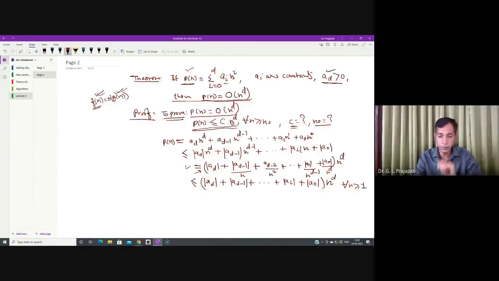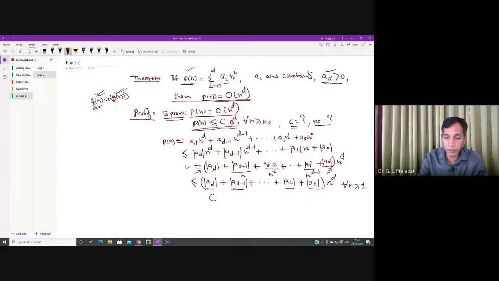Okay. So now we have come to know that p of n is less than or equal to the absolute value of ad plus the absolute value of ad minus 1, up to the absolute value of a1 and a0, times n to the power d. Now this is positive, no? You know this is also positive because we have taken the absolute value. So instead of writing this, you just write the constant c.